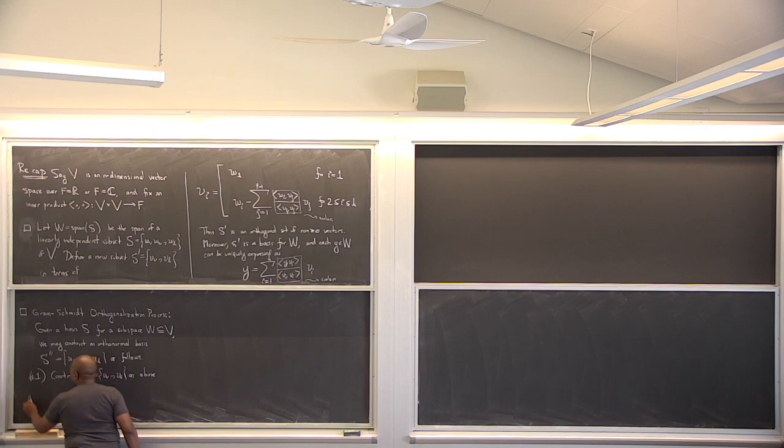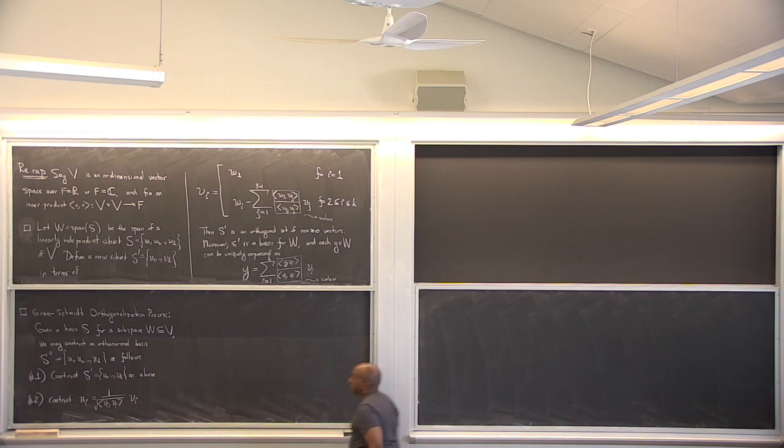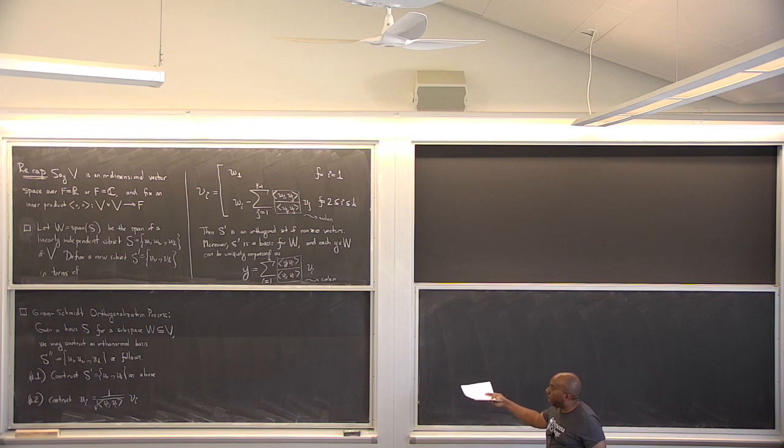And then step number two, we'll construct the u_i: we take the inner product of v_i with itself, and then divide v_i by the square root of that. So again, I've told you how to start with the w_i's, construct the v_i's, then construct the u_i's. Of course this is now an orthonormal basis.